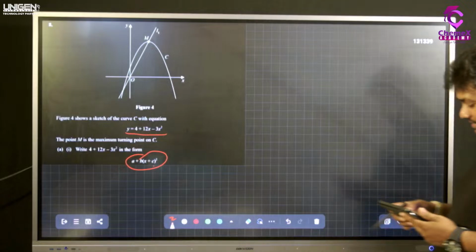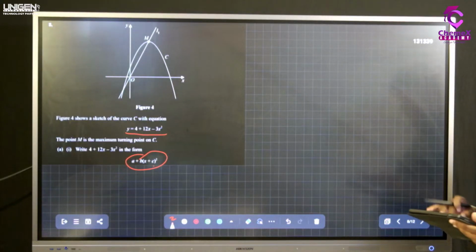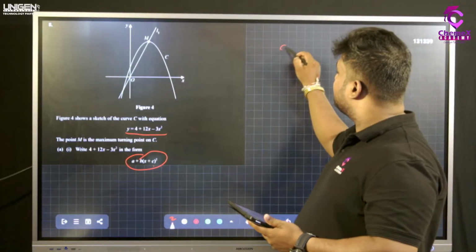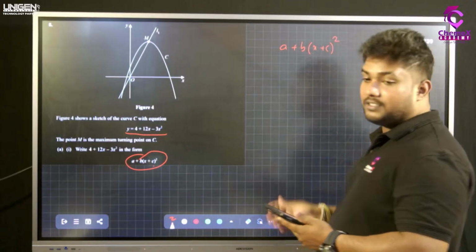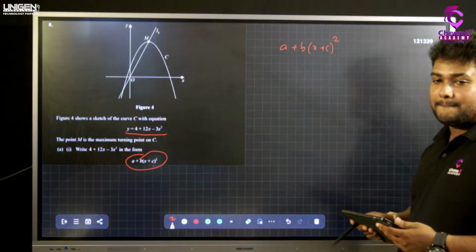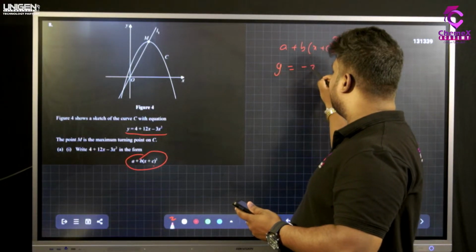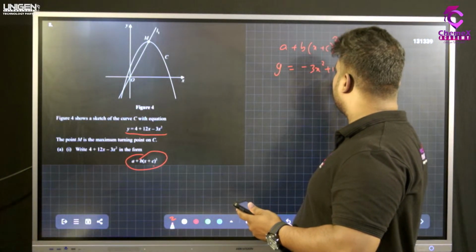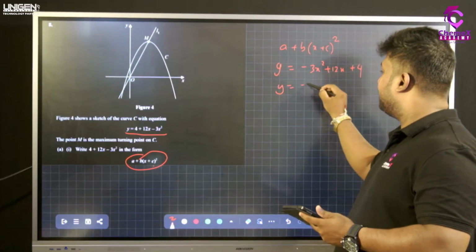Okay, let me share the screen also. What comes to your head when you see this? A plus B bracket x plus C squared, cube. Completing the square, isn't it? So how do we complete the square of this equation? I'll write it minus x in the format of quadratic. Take minus 3 out.